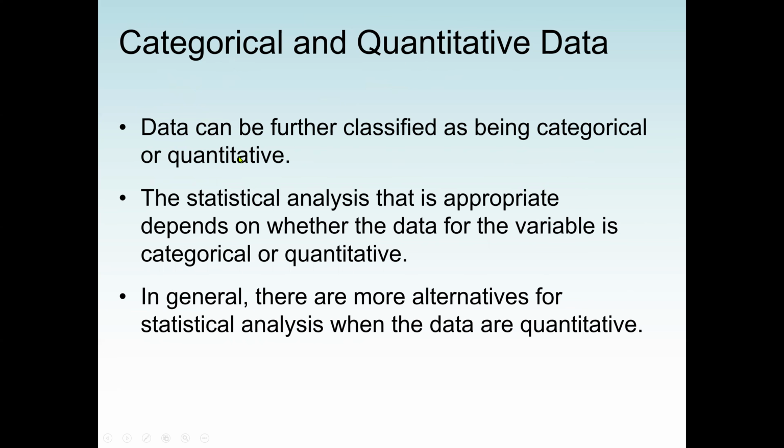So data can be further classified as being categorical or quantitative. Again, for the term categorical, we can also use qualitative. So in statistical analysis, what is appropriate depends on whether the data for the variable is categorical or quantitative. And we may go into detail about this in future lectures.